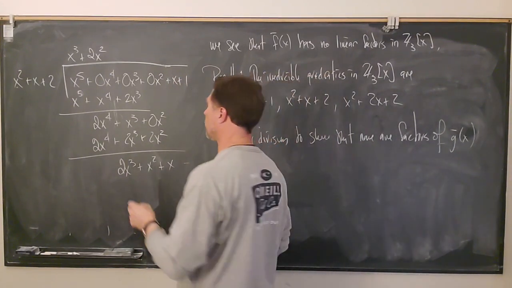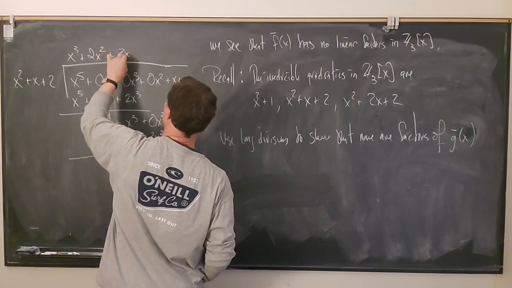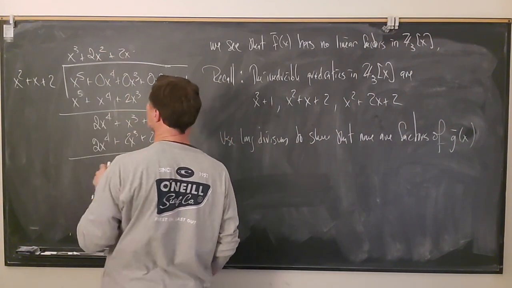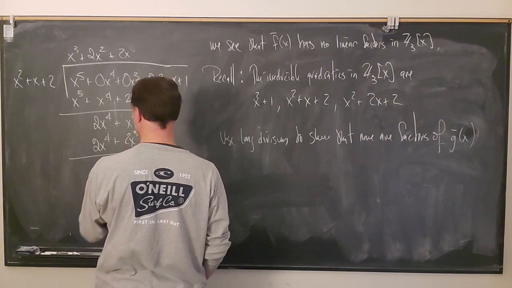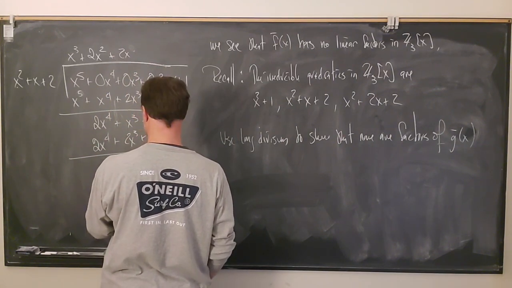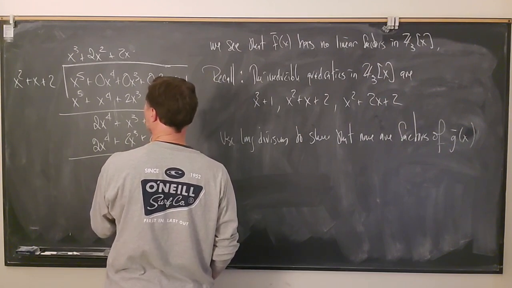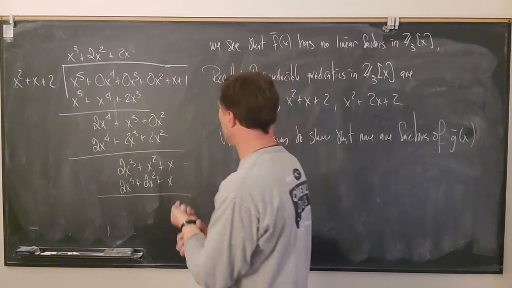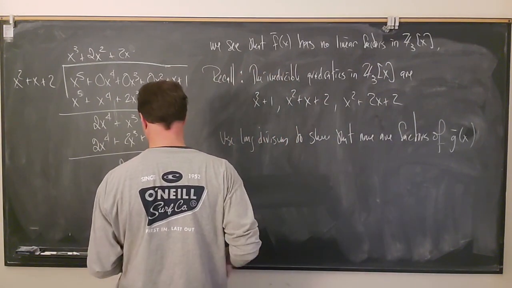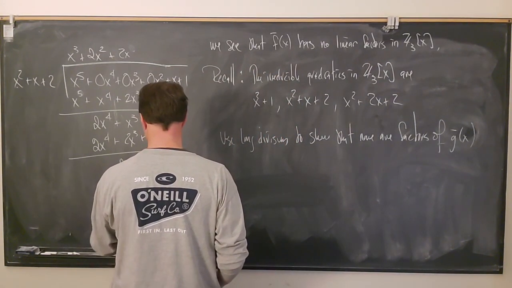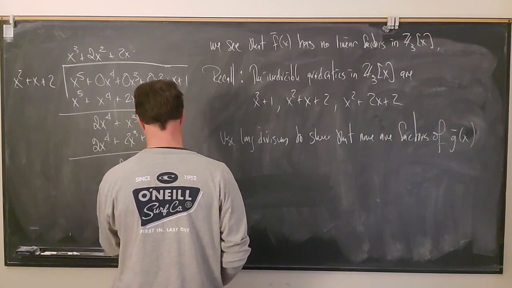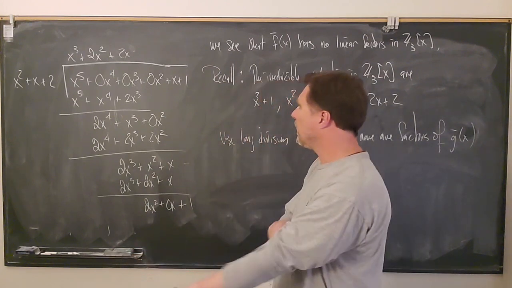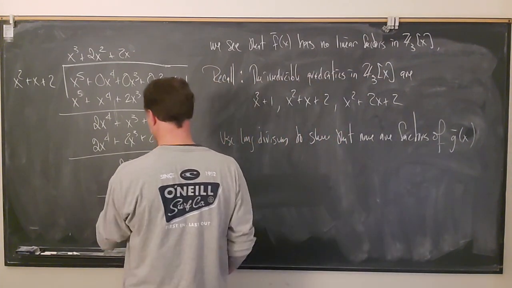And then this polynomial goes in 2x times. Then we'll get a 2x cubed plus 2x squared plus x. Subtract. And that's going to give us a negative x squared, which is 2x squared, plus 0x. Bring down the 1. And then this is clearly not going to go in cleanly, but let's just finish it off.